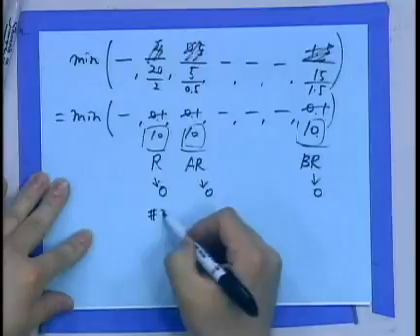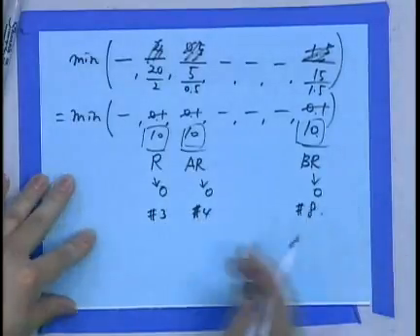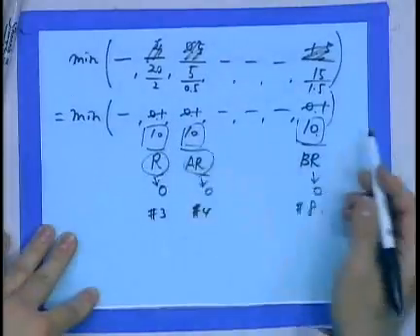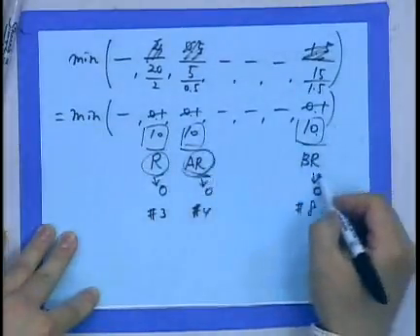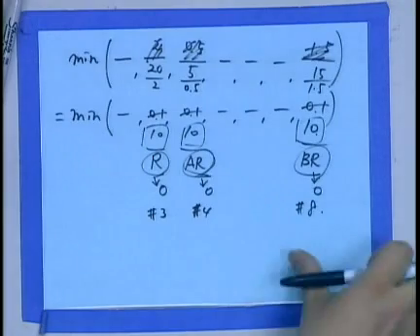So either R, AR, or BR could be selected to leave the basis. So the answer is, if slack 4 were to enter the basis, then the variable leaving the basis is either R, BR, or AR, right?